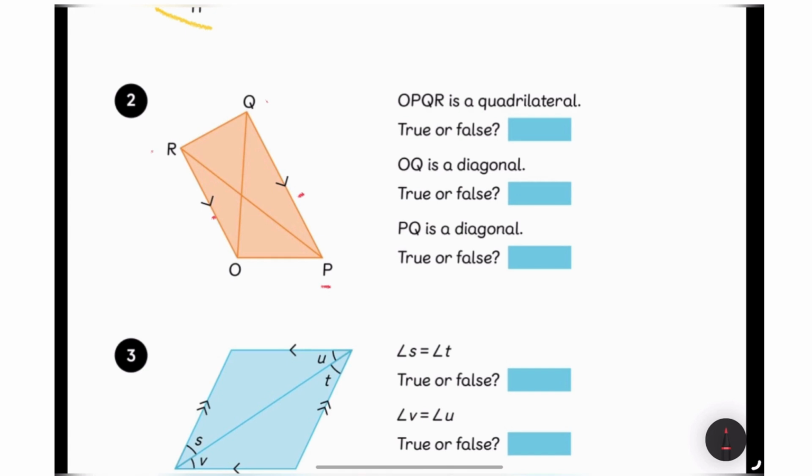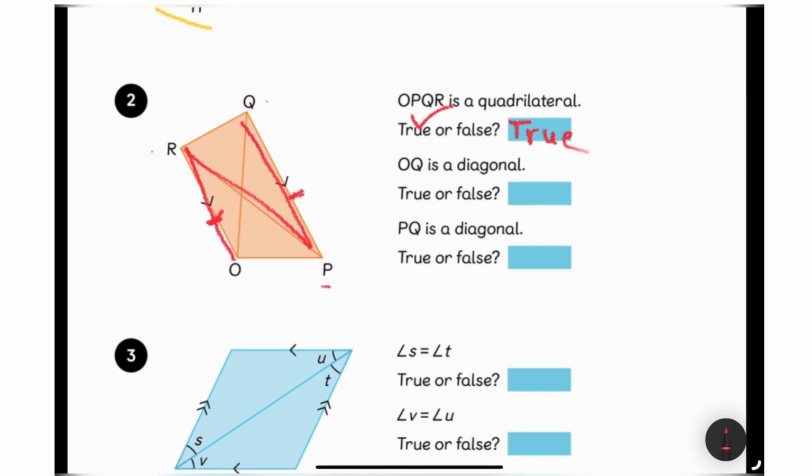Now, they are saying OQ is a diagonal. Is it true or false? So, you see my parallel lines are here. I had drawn this figure for you as well. Agreed, everyone? Therefore, they are saying, is OQ a diagonal? All right. If you see, this OQ is going like this.